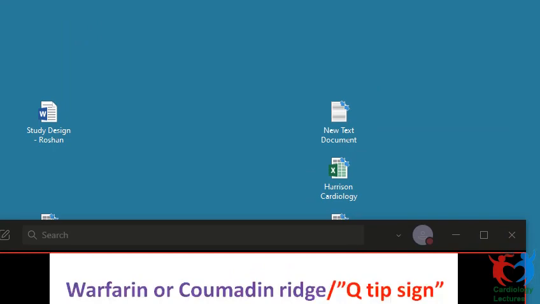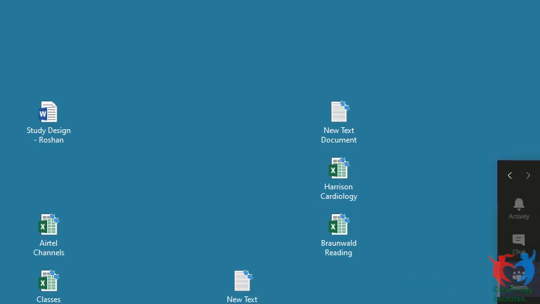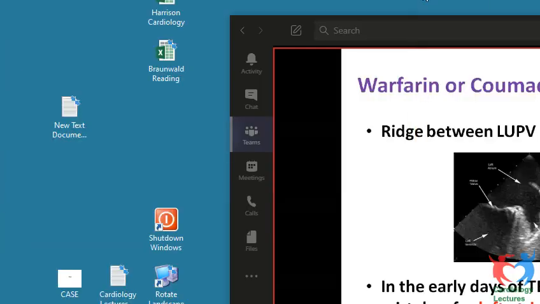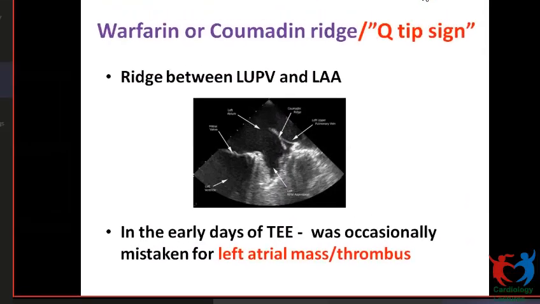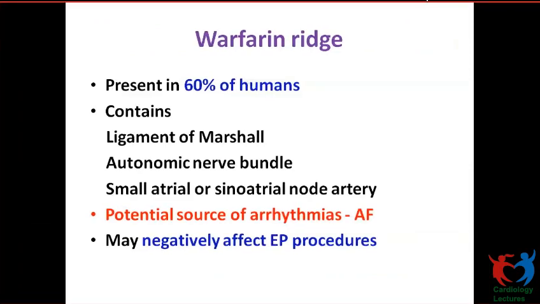Why is it called warfarin or Coumadin ridge? In the early days of transesophageal echo, it was occasionally mistaken for a left atrial mass or thrombus, and they were giving anticoagulation. So any significance, other than mistaking it for thrombus? What does it contain? Marshall. It is present in around 60% of humans.